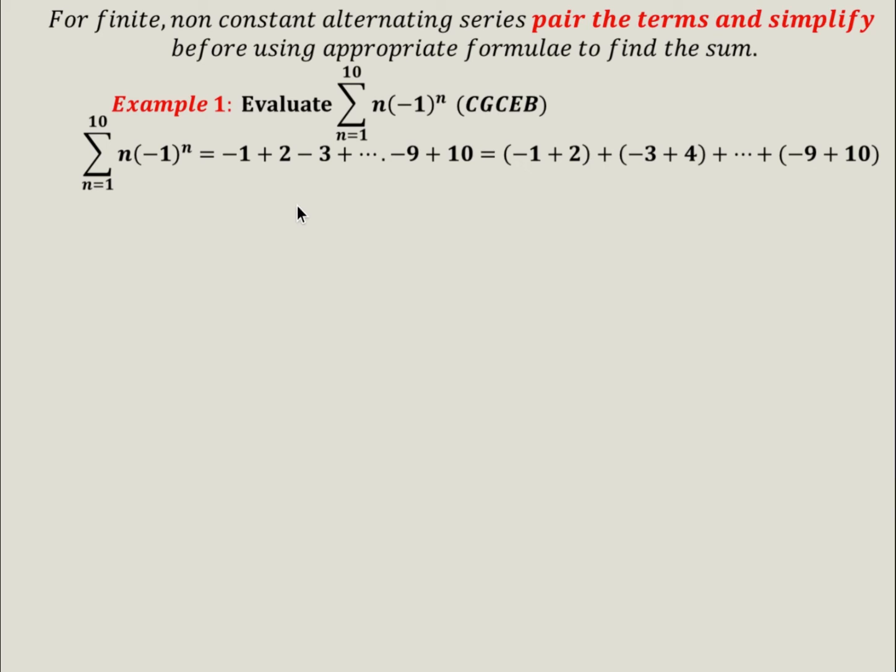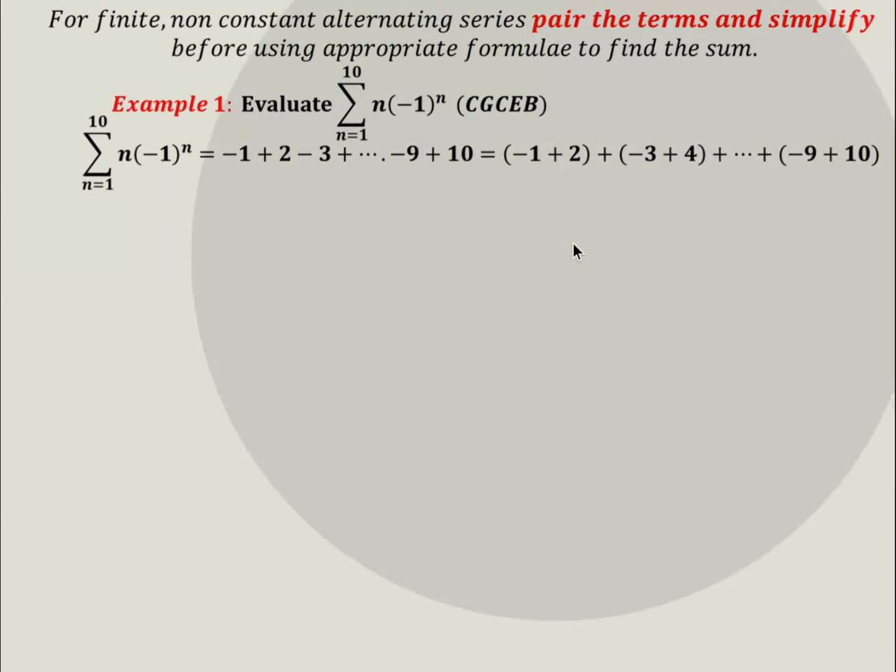And here we can pair up consecutive terms up to the last two terms, so that we have negative 1 plus 1 plus negative 3 plus 4 plus the rest of the pairs, and then plus the last pair, which is negative 9 plus 10.